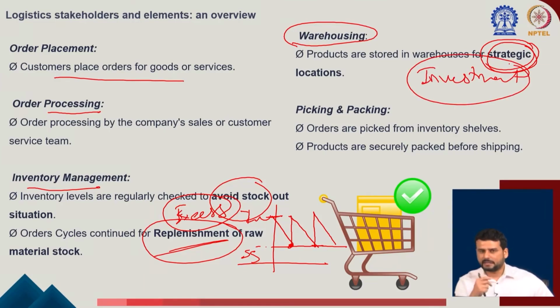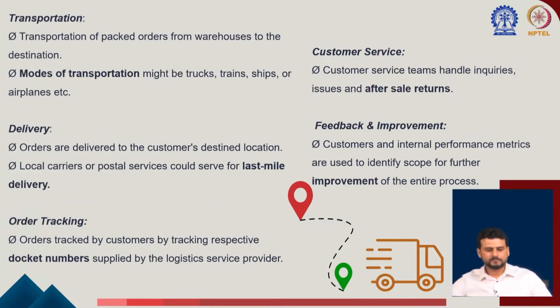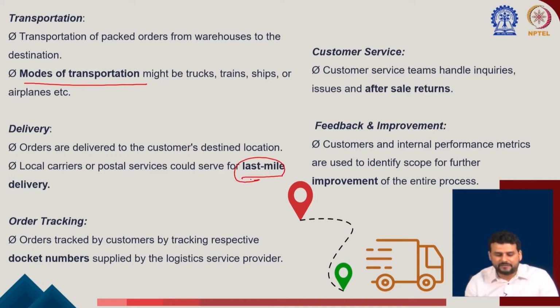Then picking and packing: obviously your order will be picked from the inventory and your distribution partner will distribute it to the end customer. So transportation of packed orders from warehouses to the destination will be ensured. And again, as I told you, the mode of transportation is important. Then delivery depends on whether you are going for last mile delivery or customers are visiting your location.